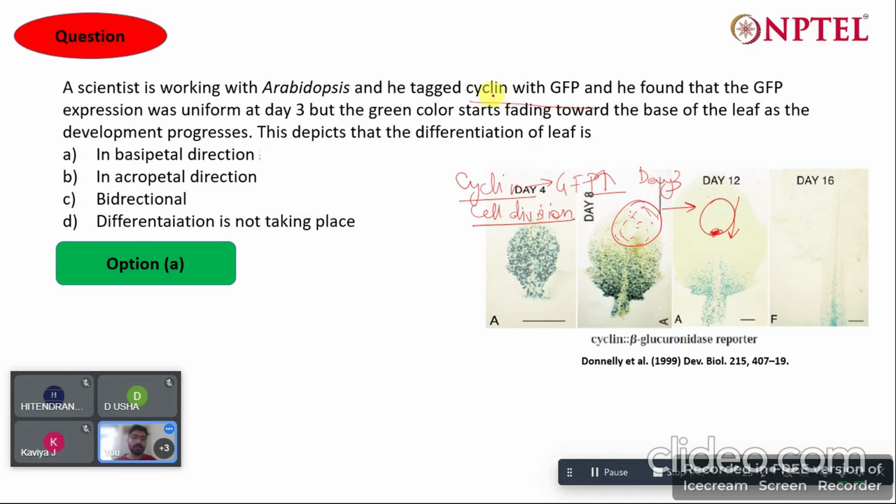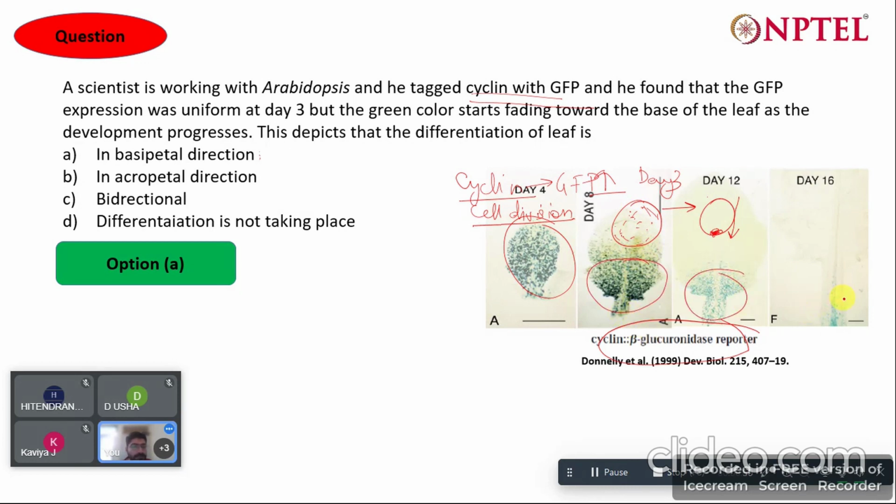And here is what I was explaining. In our question we have tagged cyclin with GFP, but in this case they have used a beta-glucuronidase reporter. So at day 4 they see a uniform expression, but as the days progress the development also progresses, and the division is only in the base of the leaf.